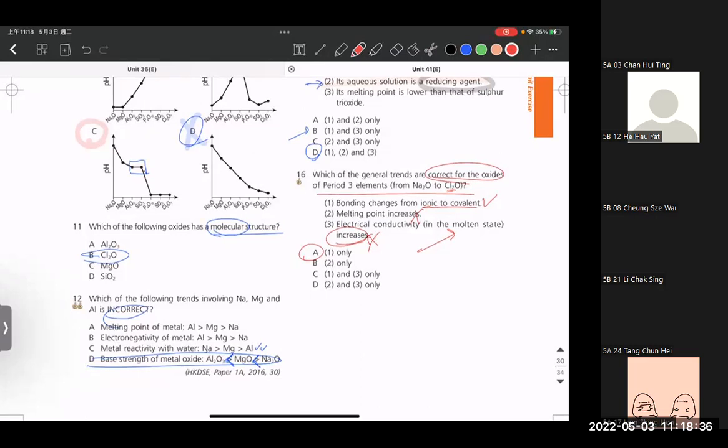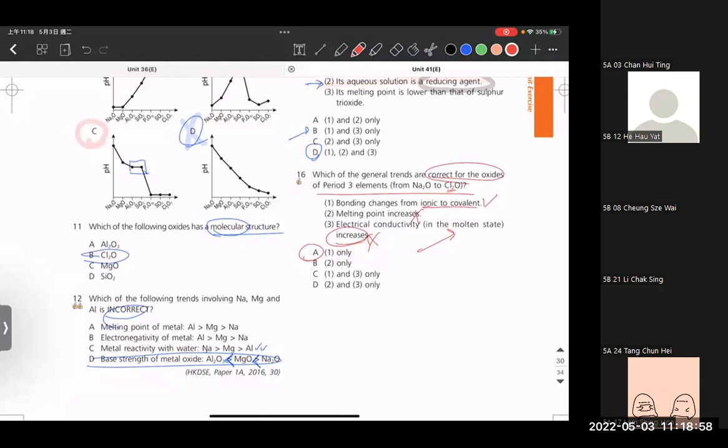The other one I would like you to try is the acid base behavior of oxide. The later question will be something like this. So take a look at question 22 first.